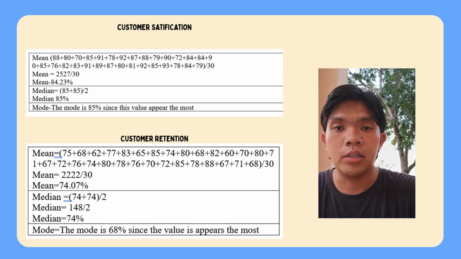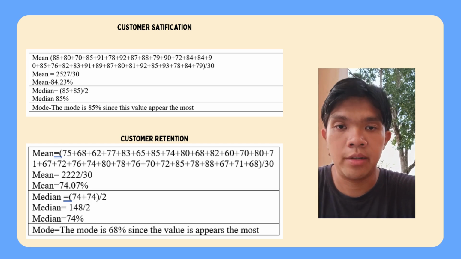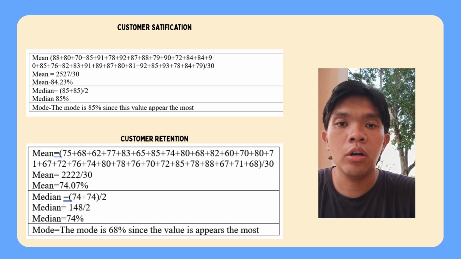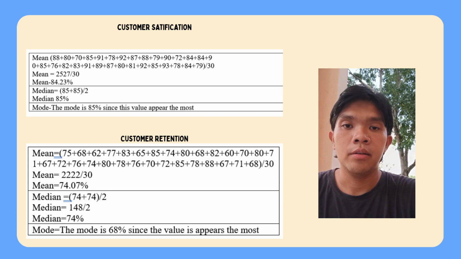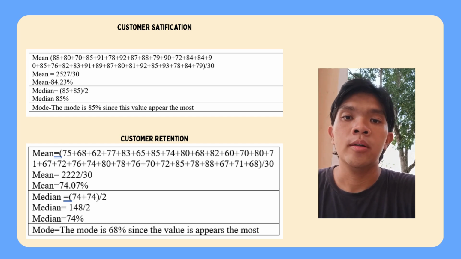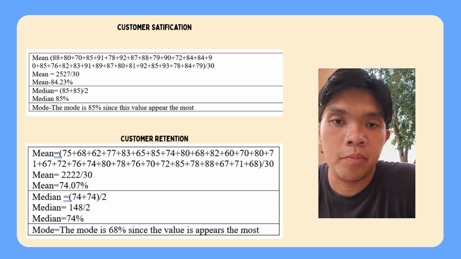For the customer retention, the mean is 74.07%. This is because after we add all of the customer retention percentages, we get 2,222 divided by 30. So we will get 74.07%.